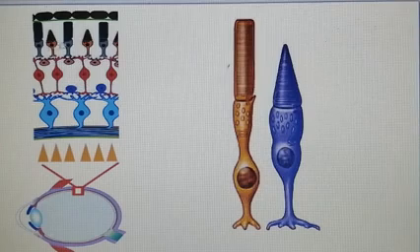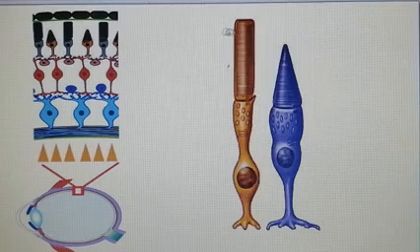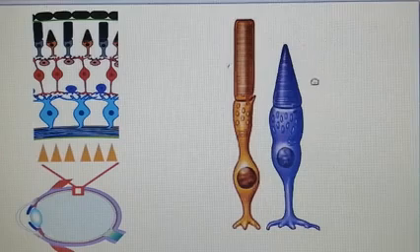You can see different types of photoreceptors. One is this and another is this. The enlarged picture is this. Mainly two types of photoreceptors are present in our retina. They are rod cells and cone cells.